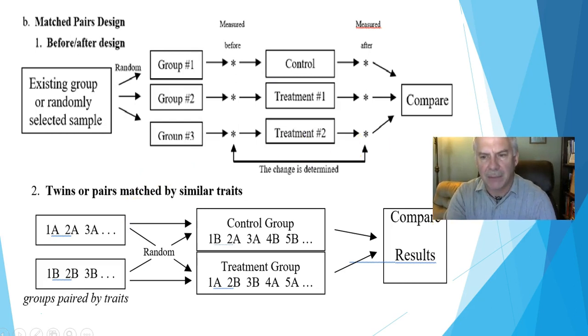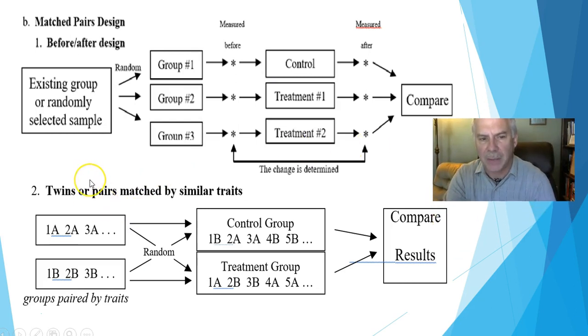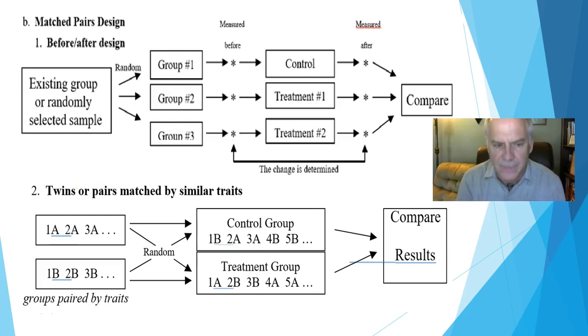And another example is twins or matched pairs, pairs matched by similar traits. So in this case, you would have person number 1A and B, twin 1A and twin 1B. In other words, you've got the 2 people that make up the twins.